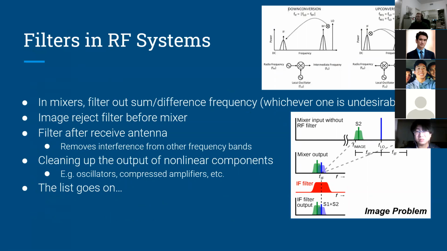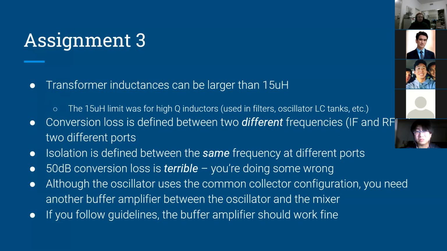I had a quick question on the conversion loss. Yes. In the assignment, you specified that we're measuring it, for example, when going from IF to RF, we looked at the difference frequency in RF, not the sum frequency. Is there a reason that's chosen? Right, so in the case of the mixer you designed for that assignment, it's supposed to be acting as an up converter.